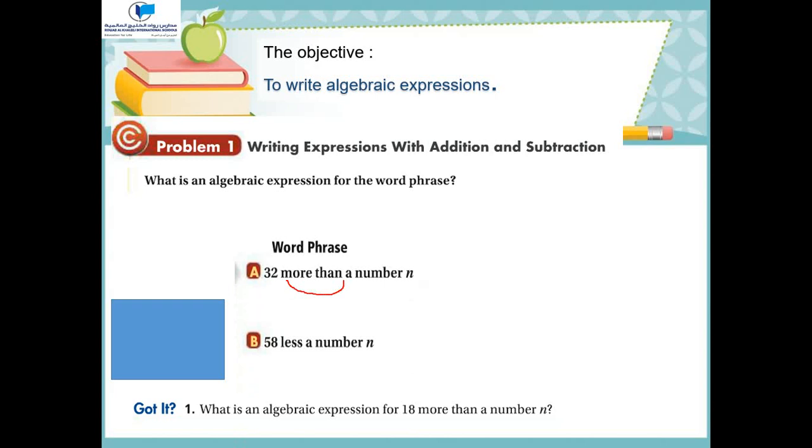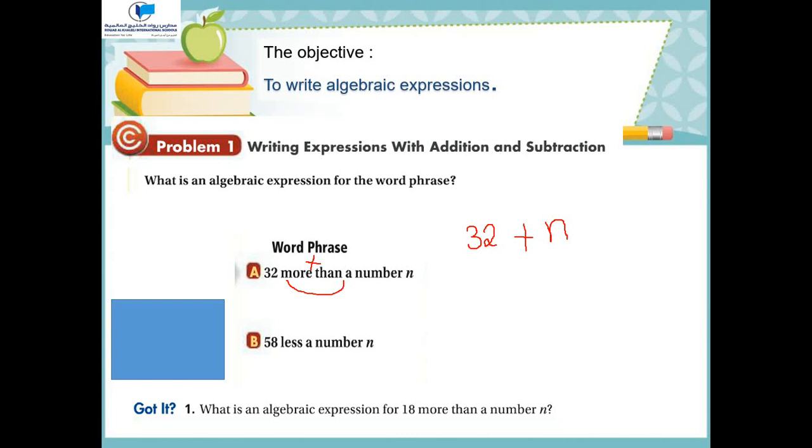More than represents addition. I will give you some keywords that will help you to analyze the word phrase. So 32, more than, we change it into plus, a number n, which is this variable. That's the algebraic expression that matches this word phrase.